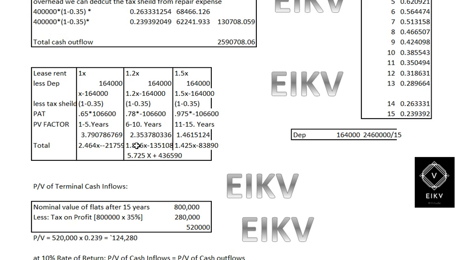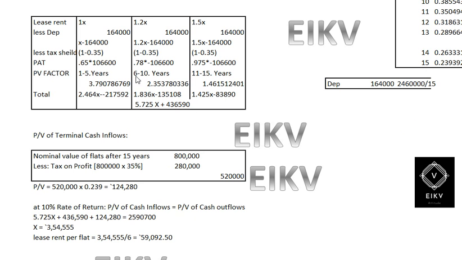So when we multiply such amounts, we will get 2.464x minus 2,17,592 for the first 5 years, and for 6 to 10 years it would be 1.836x minus 1,35,108, and for 11 to 15 years it would be 1.425x minus 83,890.